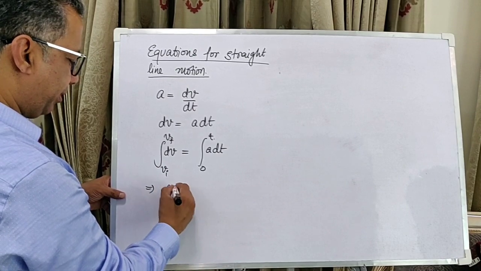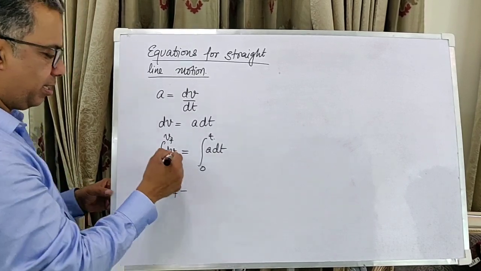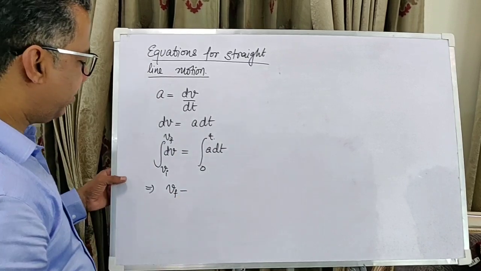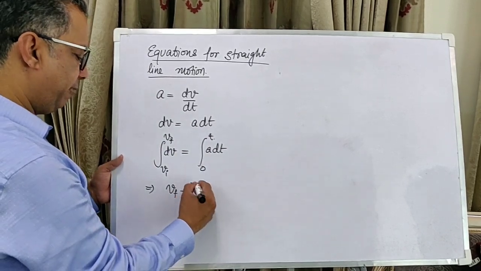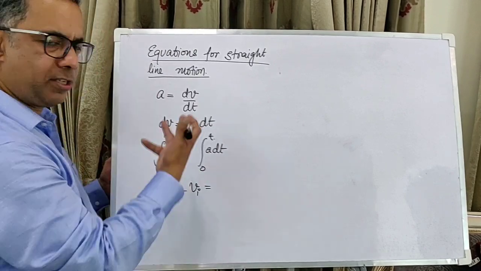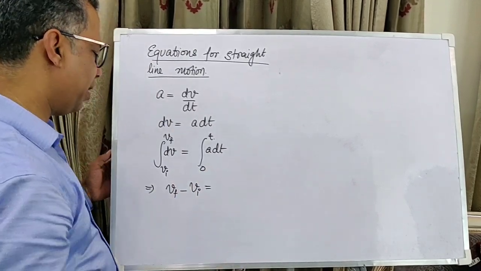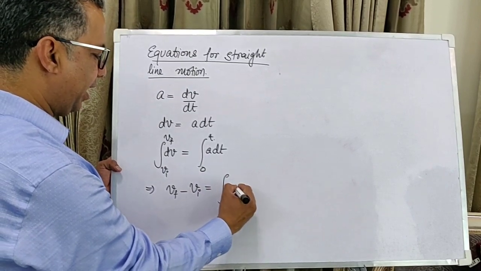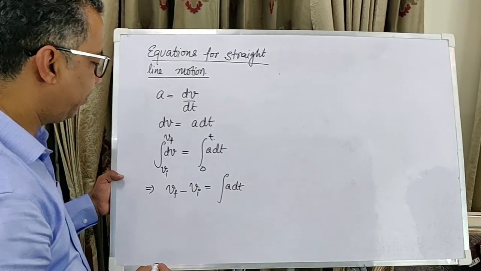And so we have vf, dv integrated gives us v, and when we implement these limits, we have vf minus vi. I'm going fairly fast because we've just done this calculation a few minutes ago. And on the right hand side, we have a dt.